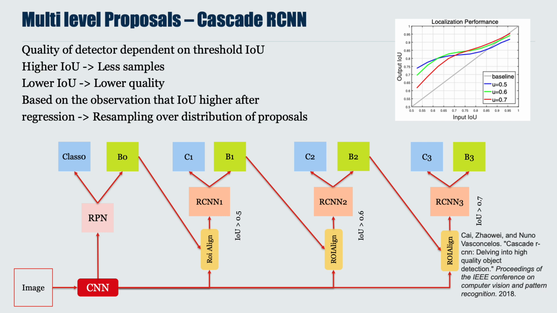And if you consider only higher IOU, you have fewer samples, and if you have lower IOU, you have lower quality of the proposals.